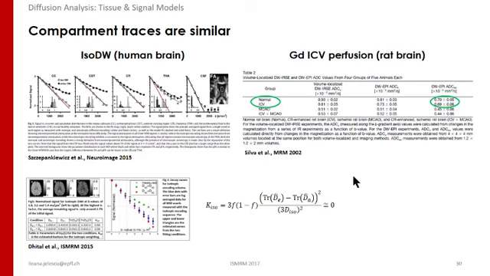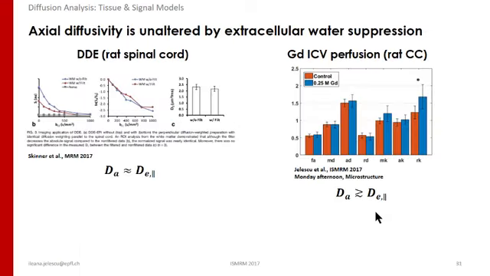And this is also corroborated by an earlier study that used gadolinium perfusion to suppress the extracellular signal in the rat brain, where they showed that the diffusion tensor trace before and after perfusion was also unaltered. And this is now consistent with the fact that D axonal would be higher than D_E parallel.